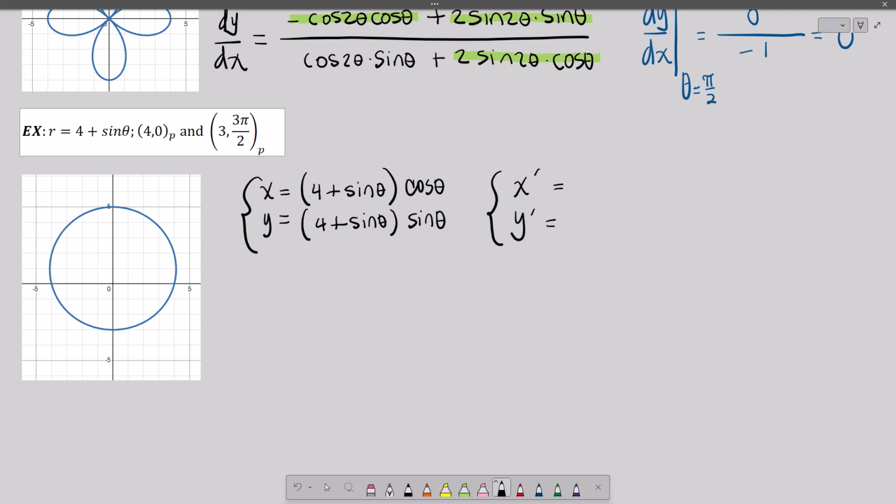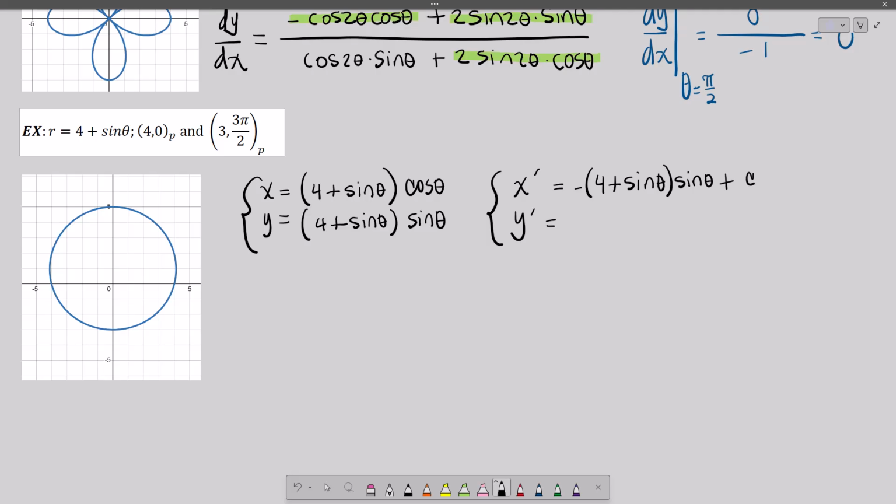Derivative: product rule. First, derivative of second: the derivative of cosine is minus sine of theta. So there's first times derivative of second, plus the derivative of first, which is cosine, times second.